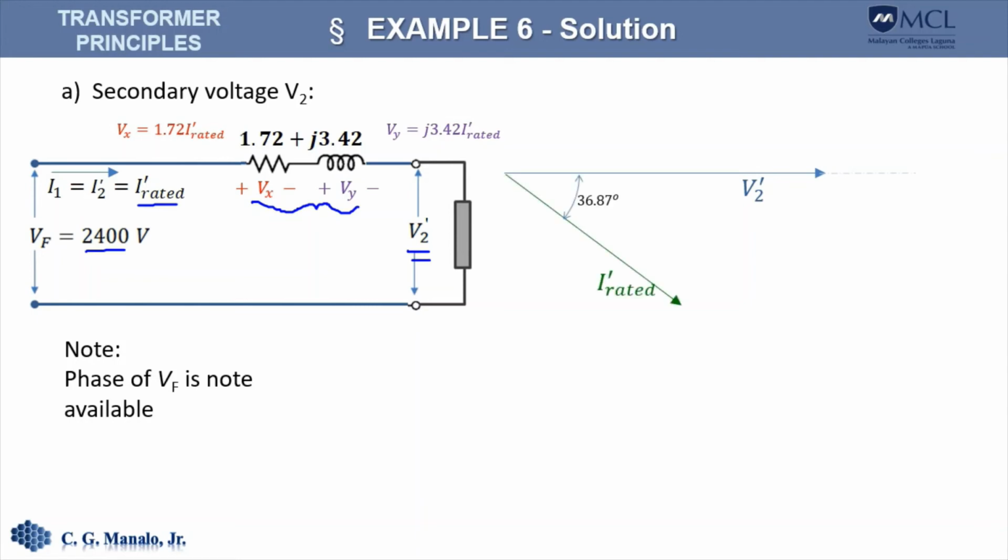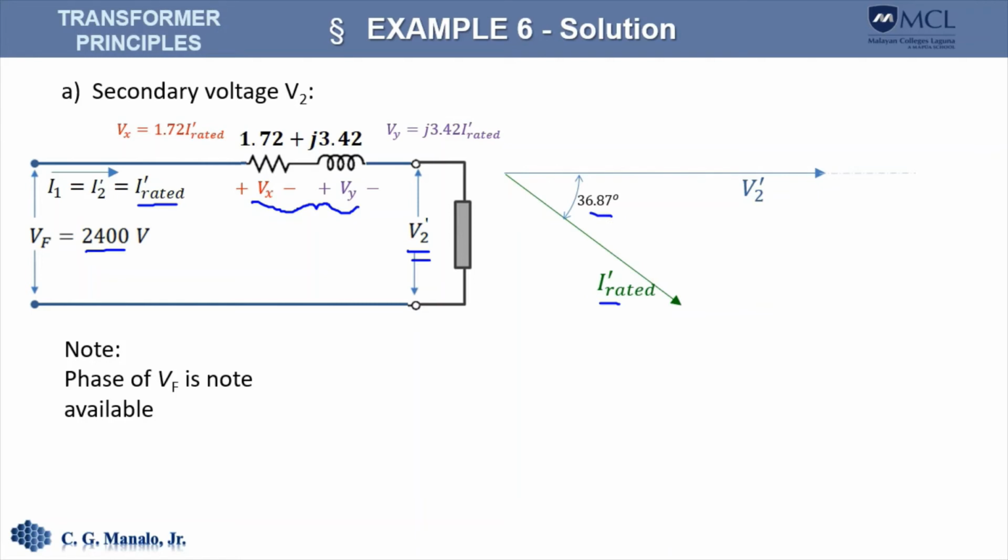Since it is derived from I rated and I rated is lagging V sub 2, I rated prime should also be lagging V sub 2 prime by the same phase angle, 36.87.